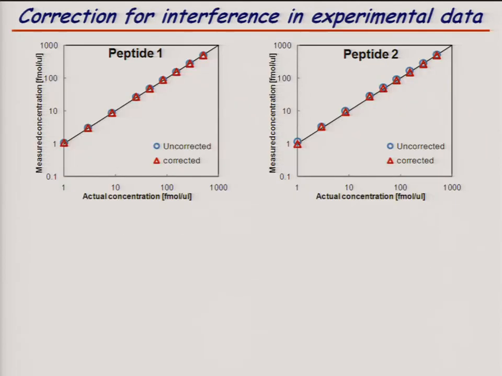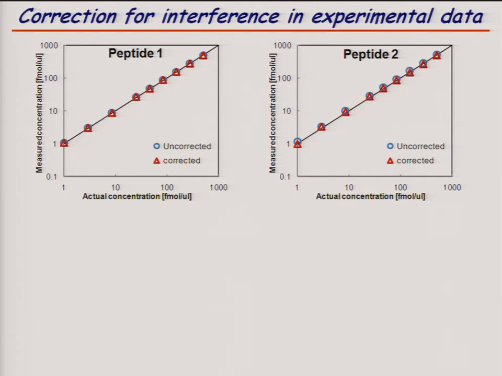Okay, so if we go back to the experimental data, here I've averaged over the 4 replicates and the 3 transitions, and we're showing the uncorrected data with the blue circles, and the corrected data with the red triangles. These are the 2 peptides that did not have any interference.